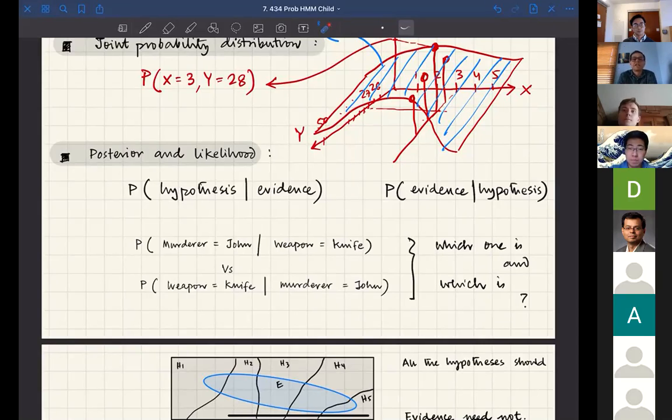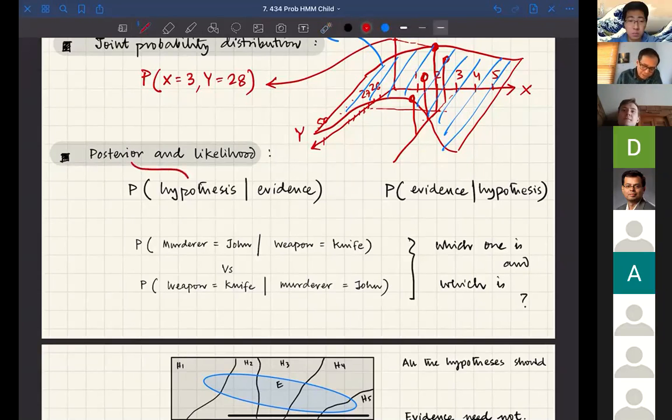Posterior is what and likelihood is what? Are you guys familiar with posteriors and likelihoods? I've actually never heard of posterior until now. Okay, anyone? Okay, let's start from scratch. We'll talk about it from first principles.